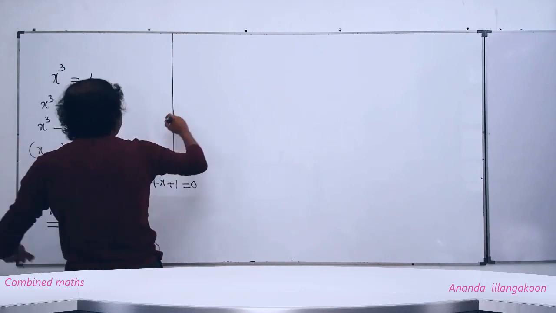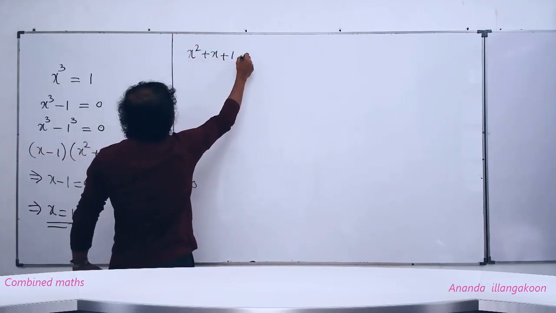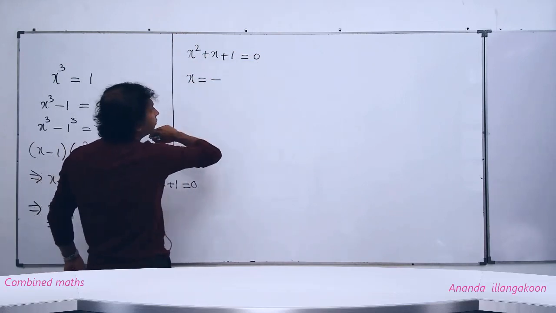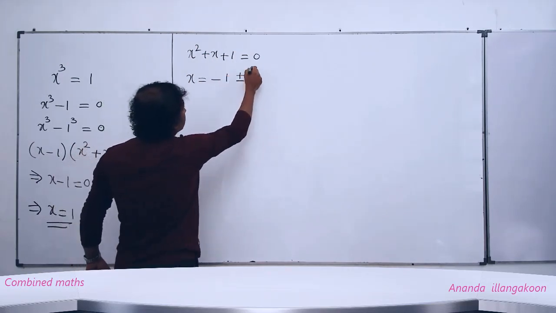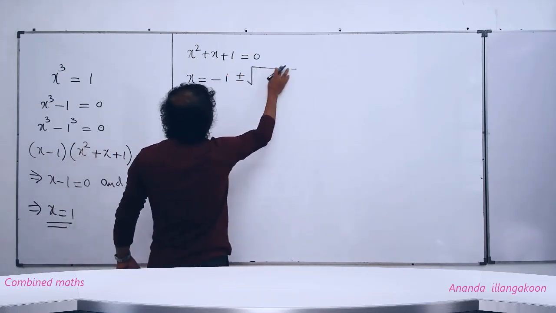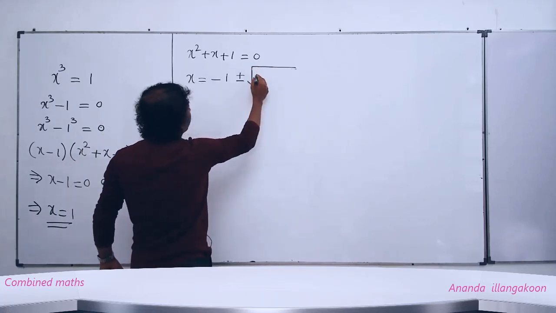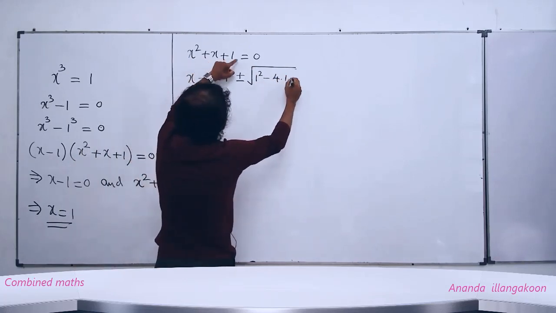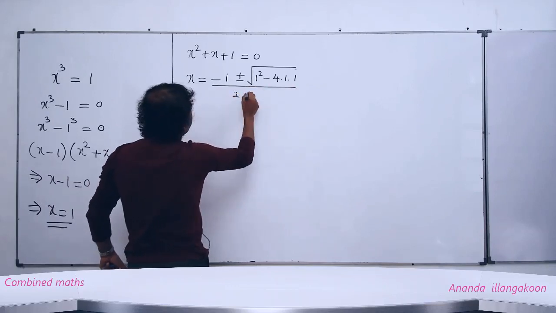Here we get x squared plus x plus 1 equals 0. x equals minus b, which is 1, plus or minus square root of b squared, 1 squared, minus 4 times 1 times c, divided by 2 into 1.